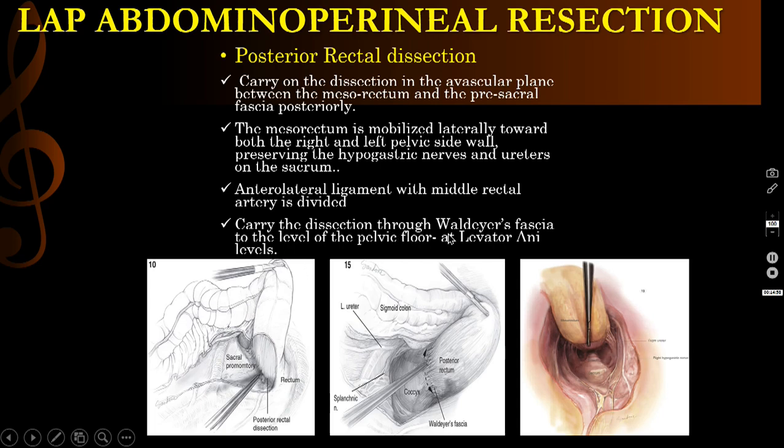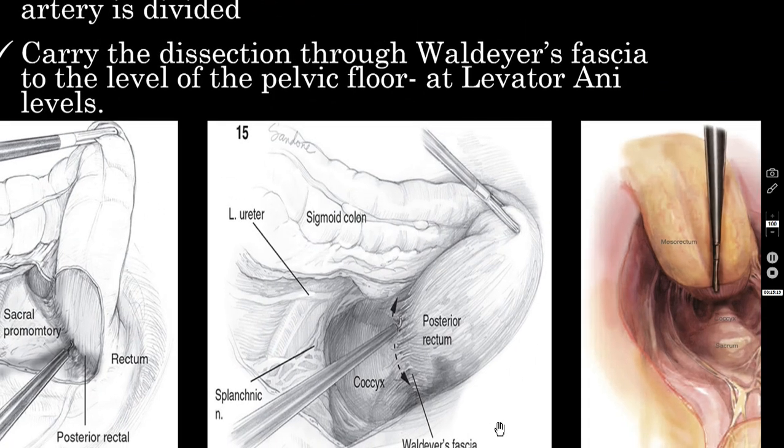Carry the dissection through Waldeyer's fascia. Waldeyer's fascia is connecting the mesorectum with the presacral fascia. So you have to dissect through the Waldeyer's fascia up to the level of the pelvic floor at levator ani level. So this is the Waldeyer's fascia.